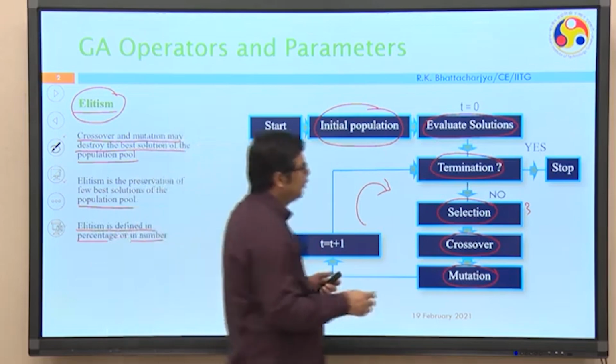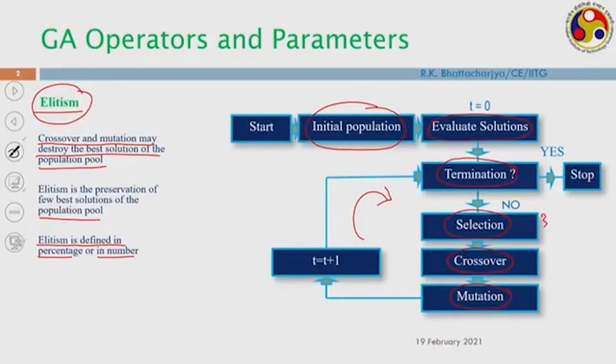So, with this actually, I will also put one operator, and that is elitism somewhere. Okay. So, I will put elitism, and this is another operator, where we are just preserving the best individuals.